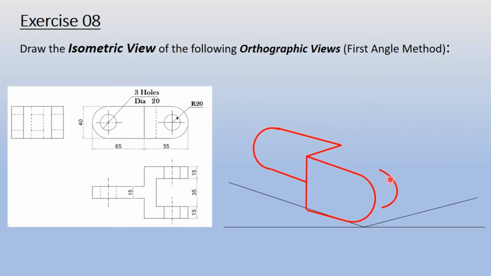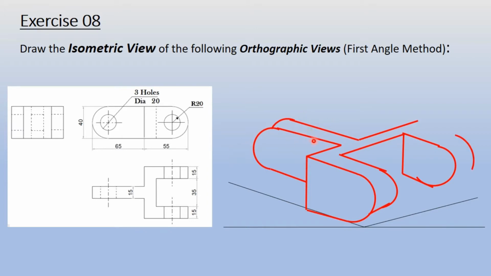And this width is 15 mm. I have assumed that this is a 15 mm width. I'm completing this portion here. Now I have drawn this line, just this face here. I have left this much gap. Why? Because in the top view this gap was there, and now you can see this rectangle visible in the top view.